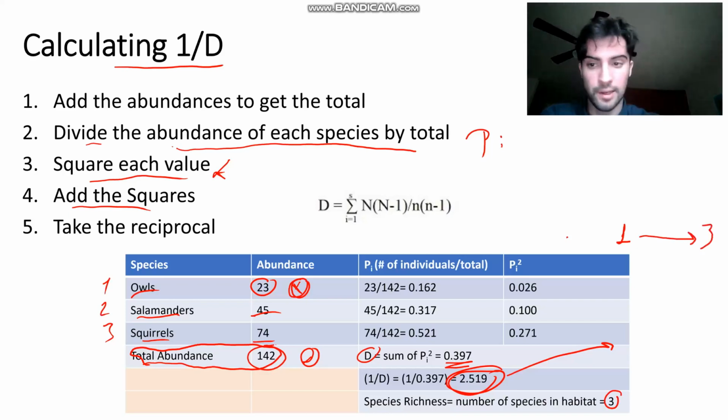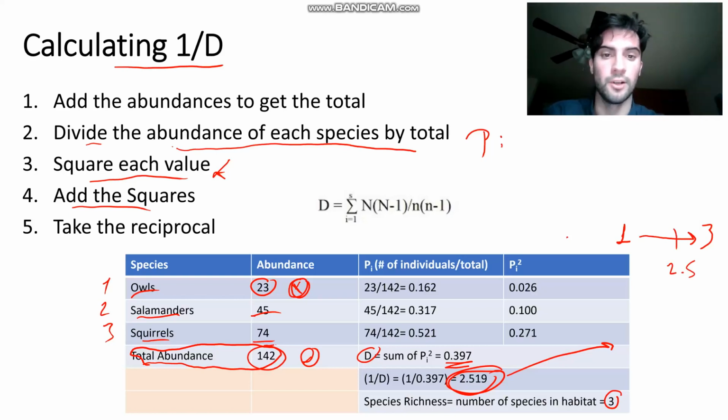And then in this community of owls, salamanders, and squirrels, we measured and we got our Simpson index at 2.5. So that's our species diversity.